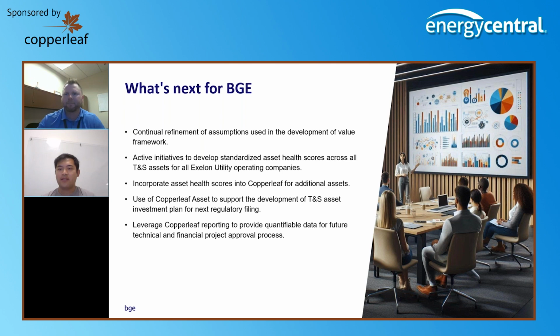So there's a couple questions that came up. I know you mentioned wanting to talk about the O&M versus capital expenditure one. I'll hit that one first. One of the things you can have inside Copperleaf is that not everything needs to be a replacement.